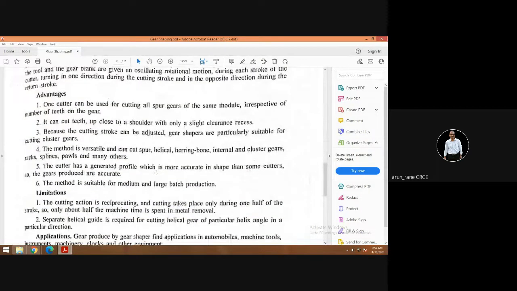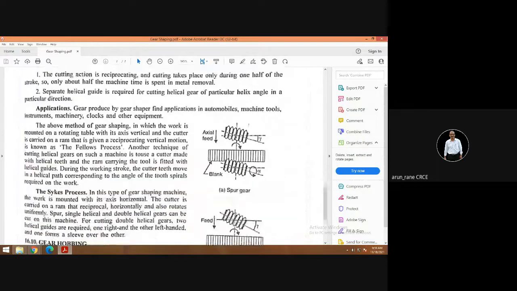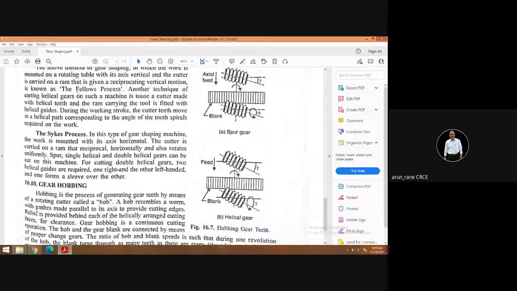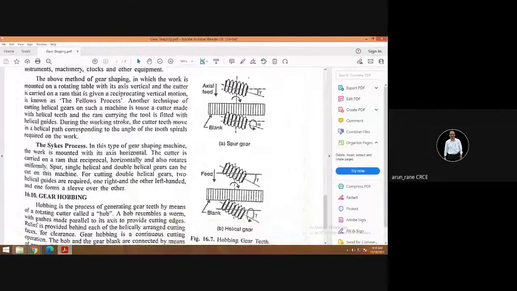The advantage is that it is used for cutting cluster gears, for which gear hobbing cannot be used. Gear shaping can be used for cutting helical gears also. In a helical gear, as I told, the cutter has to be inclined at the helix angle.